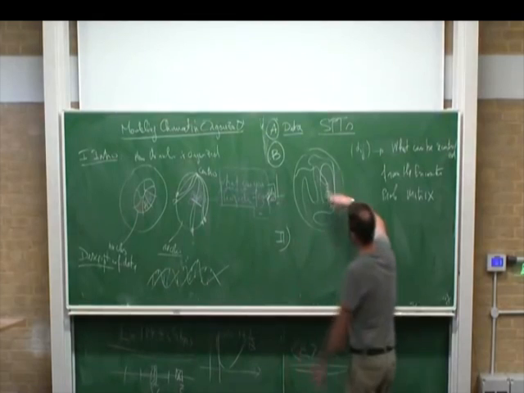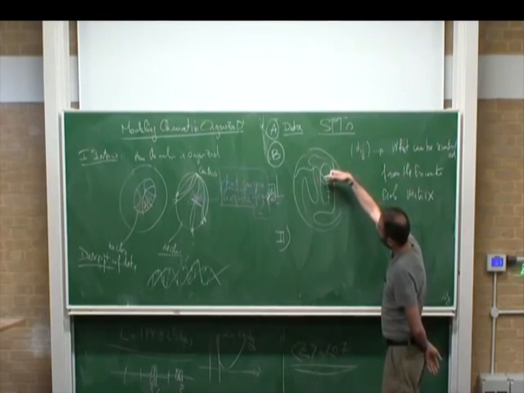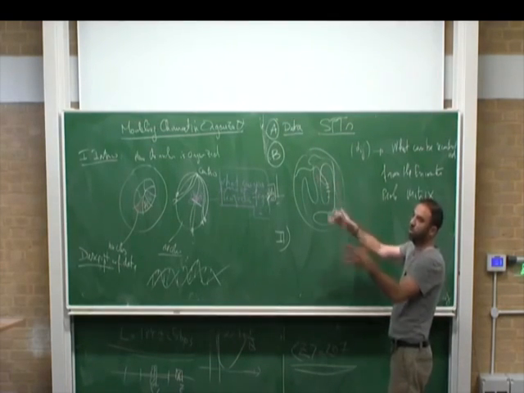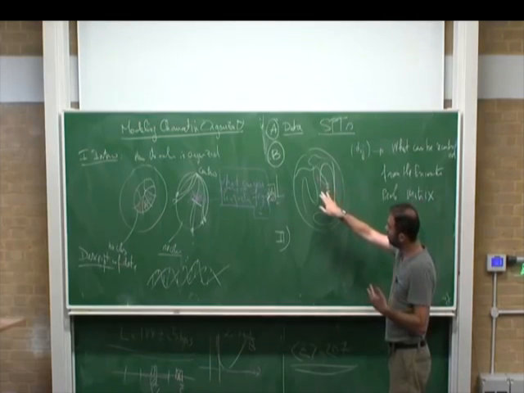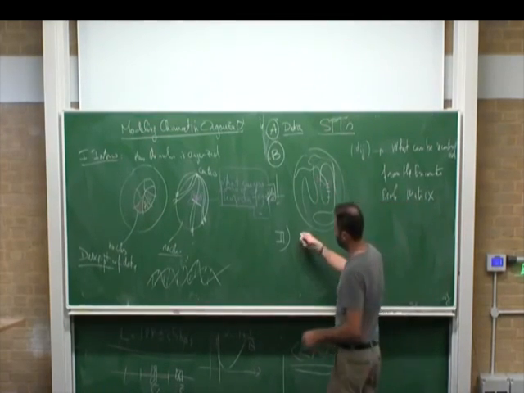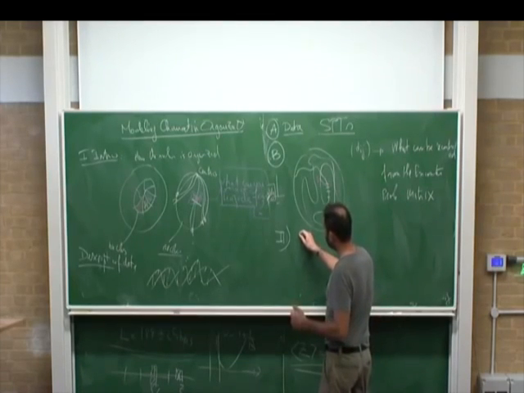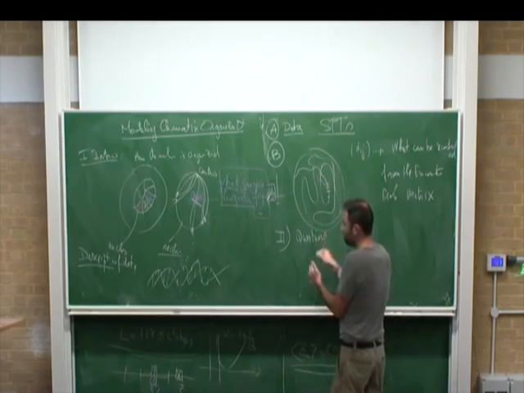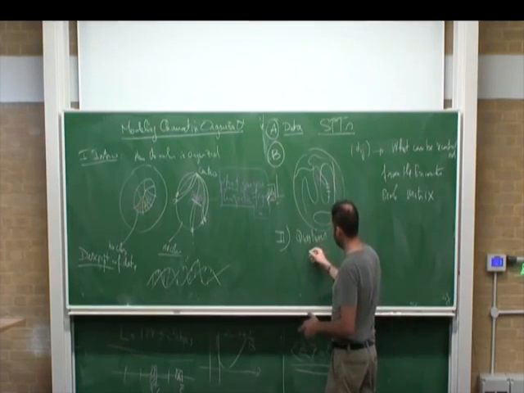For example, the type of question you would like to be interested in is, as a function of distance here, if you let everything evolve according to Brownian motion, how long do you have to wait to form a loop? Right? So let's ask some questions. The questions that are of interest that I would like to discuss, and for this we need a polymer, we need a model for that.